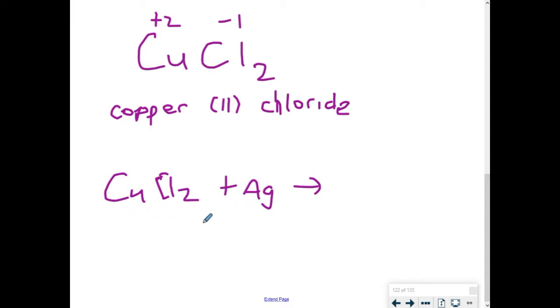What kind of reaction is this going to be? Single replacement. If you're starting to pick up on some of those, what happens is the silver right here is going to trade spots with the copper. That's your single replacement. And what will happen is your silver will now match up with your chlorine, and copper gets booted out all by itself.